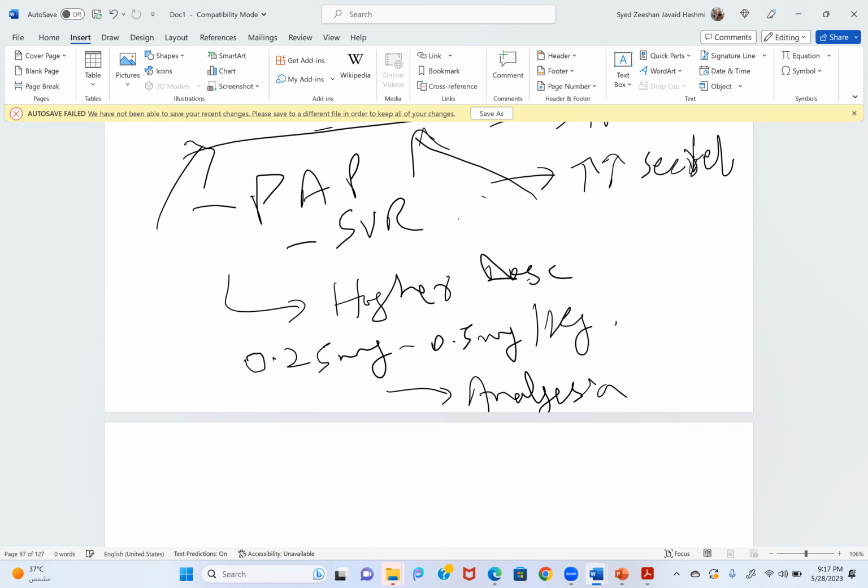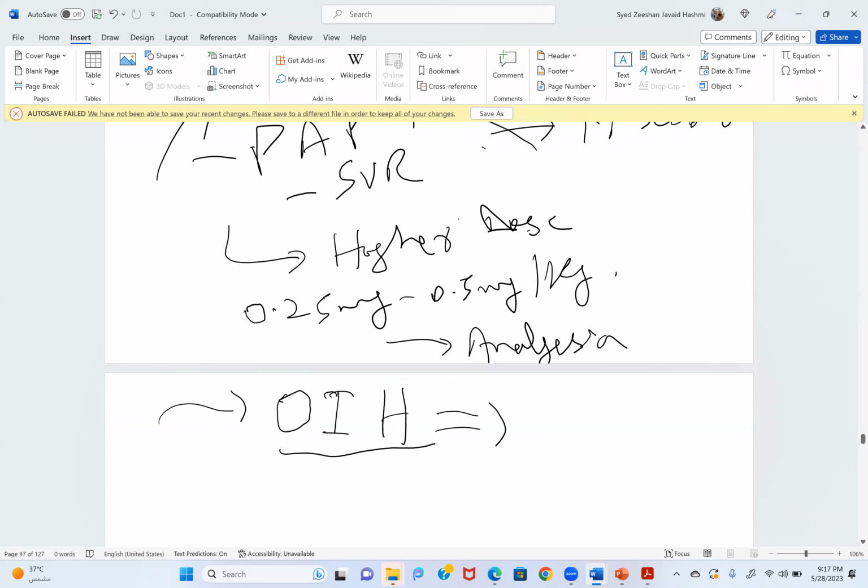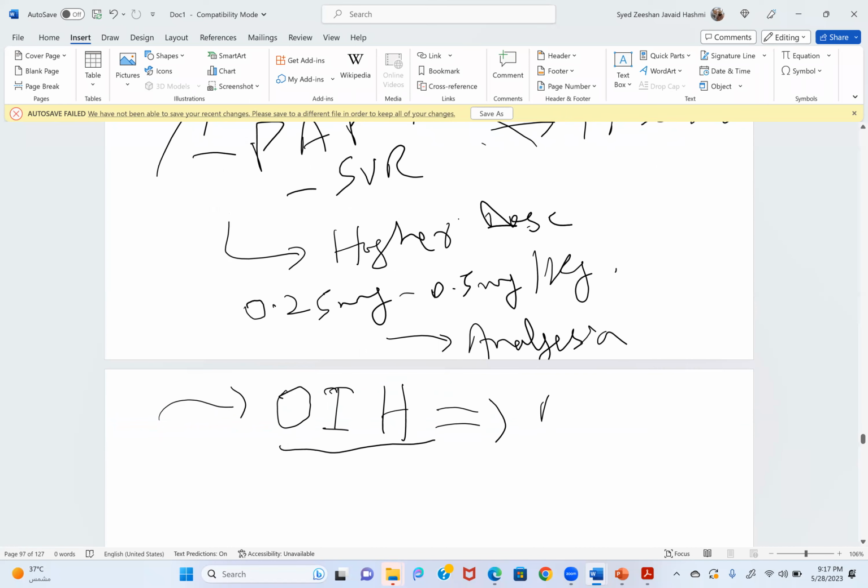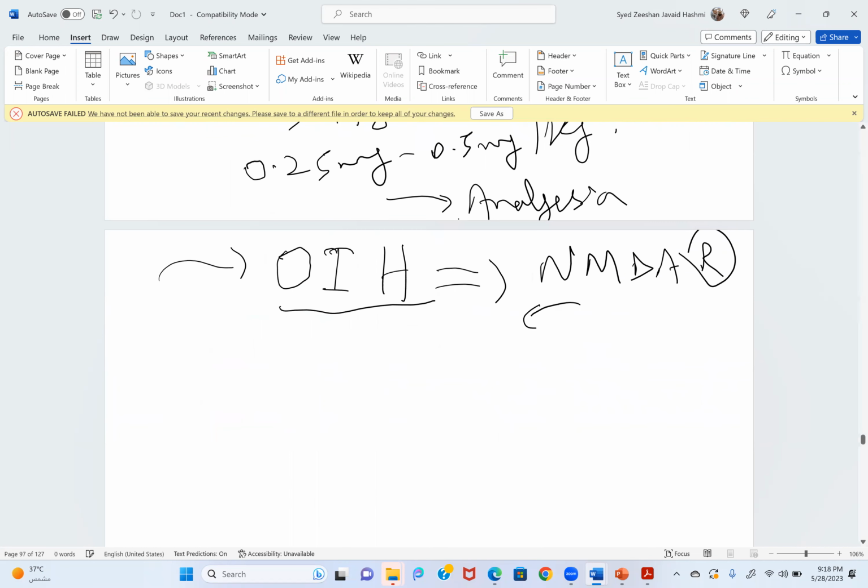Especially if you are already using opioids, there is an effect called opioid induced hyperalgesia, and it is a known documented fact that ketamine, via its effect on NMDA receptors, prevents this opioid induced hyperalgesia.